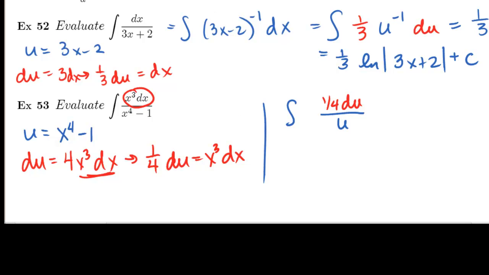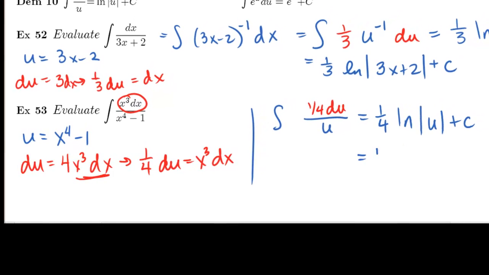So now our integral is going to end up being our 1/4, and then the integral of du over u, which we said is natural log absolute value of u plus c. So substituting back in, we get 1/4 natural log absolute value of x to the 4th minus 1 plus c. And that's it.